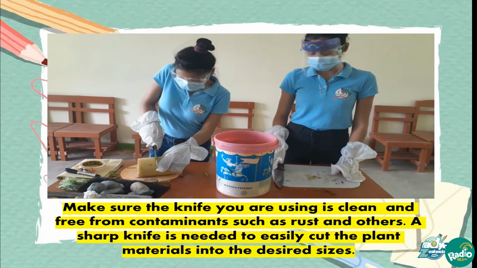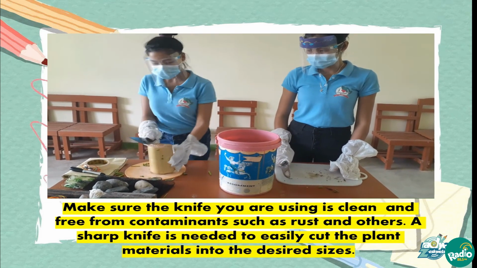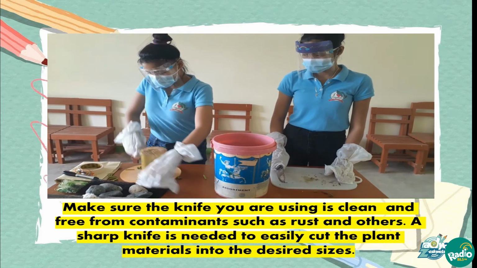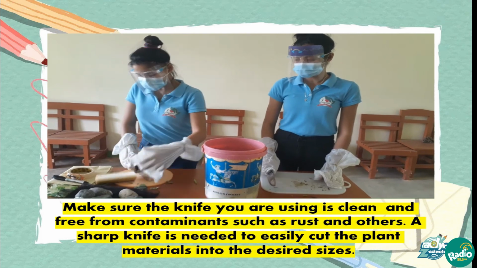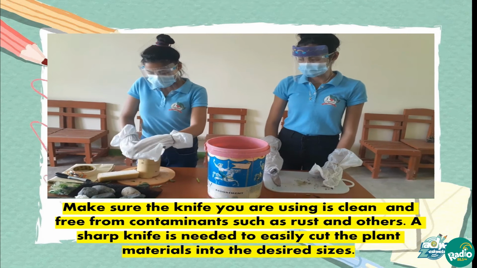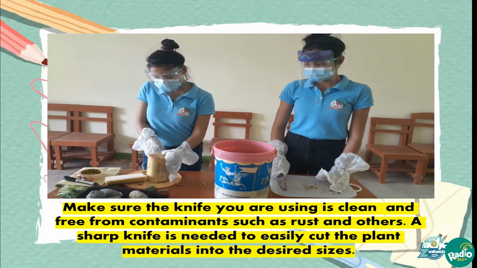Make sure the knife you are using is clean and free from contaminants such as rust and others. A sharp knife is needed to easily cut the plant materials into the desired sizes.